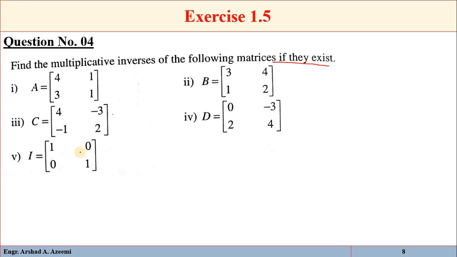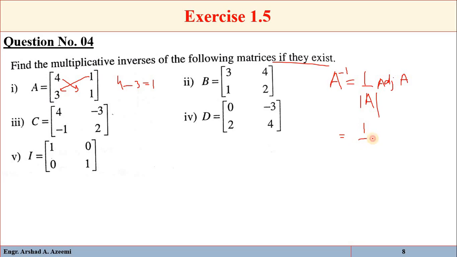So see, we know that for matrix A, the inverse of A will be equal to 1 over its determinant, okay, multiplied by the adjoint of that matrix, adjoint of A. So what will be the determinant? 4 multiplied by 1, that will be 4, minus 1 multiplied by 3, so that is 3, is equal to 1.